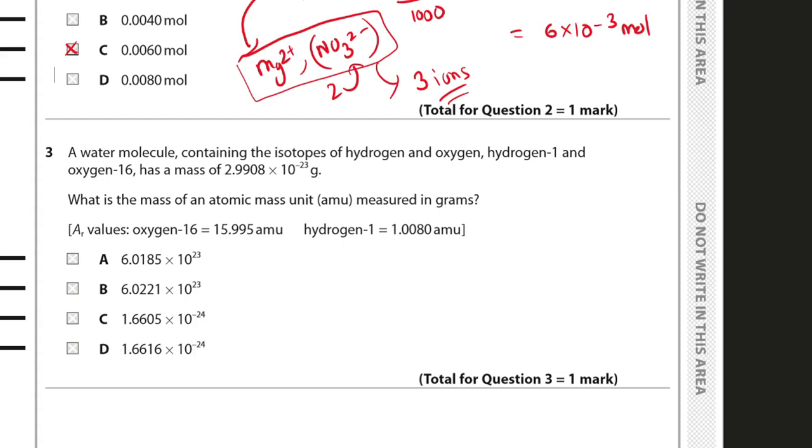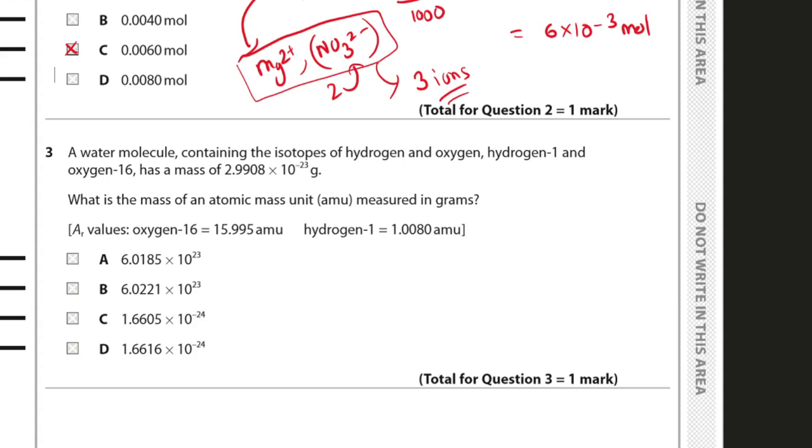In order to solve this type, we need to check out the data provided in the question. Well, we do have the atomic mass units of oxygen 16 and of course hydrogen 1, which is about 1.0080 AMU. So let us calculate the total mass of the water molecule in terms of atomic mass units.